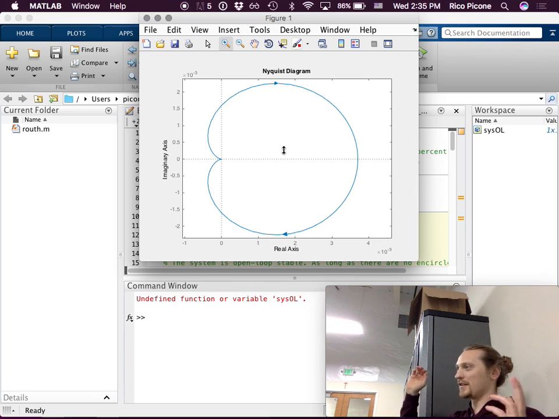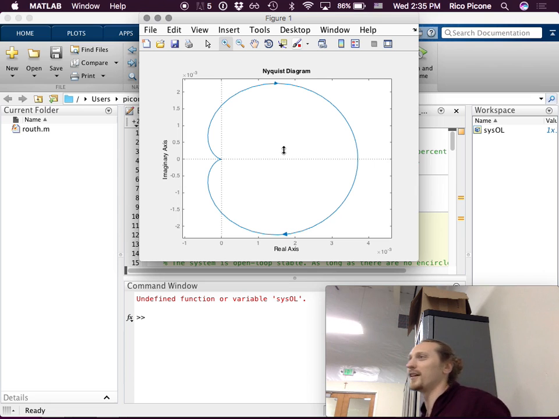So that's going to divide the plane into 2, and they're going to be up and down, and it's just going to come together, it's going to go straight up and down. So we've seen that before, so we're comfortable with that system. And we know any gain is going to be fine because the root locus never goes into the right half plane. But this Nyquist diagram is good to take a look at that.